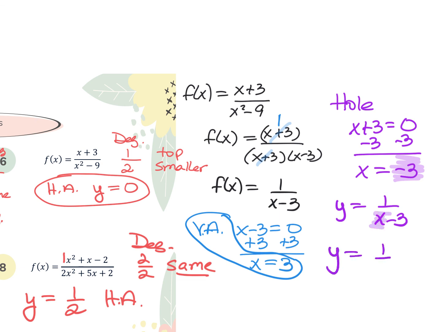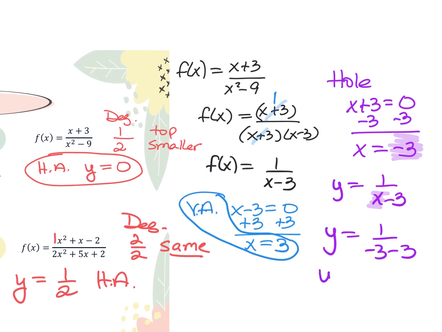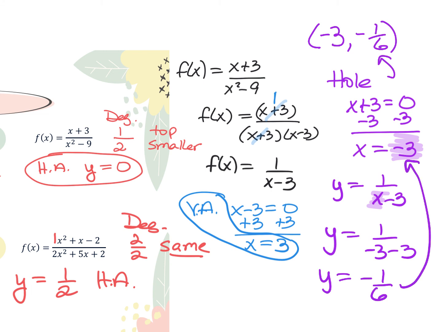So y equals 1 over negative 3 minus 3. So the y of my hole is negative 1/6. So my hole is located at negative 3, negative 1/6. Because again, you put these two together and it makes the ordered pair.